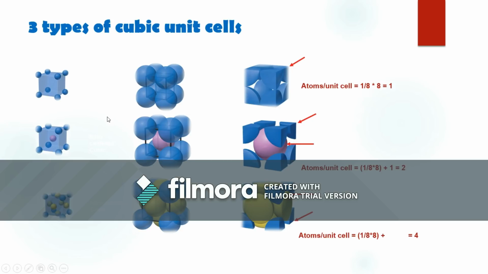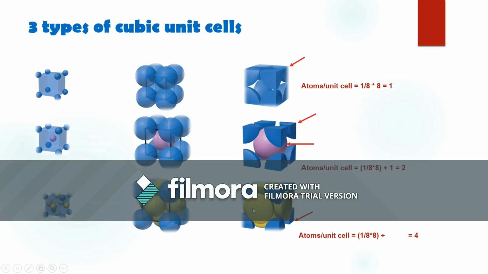For the body-centered cubic, there are 4 at the top, 4 at the bottom, and 1 atom in the middle of the cube. So it is 1 atom plus 1/8 times 8 at the edges, making it 2 atoms. For the face-centered cubic, a face means the side of the cubic cell.